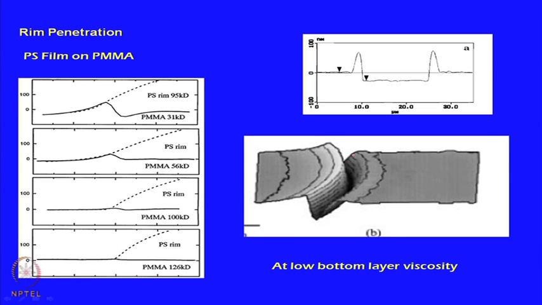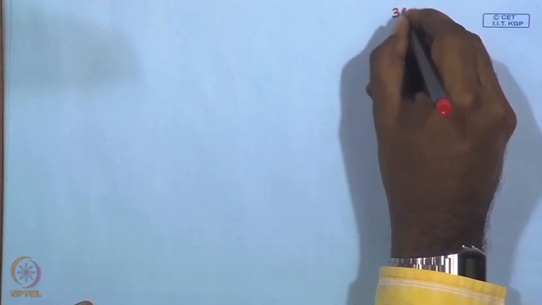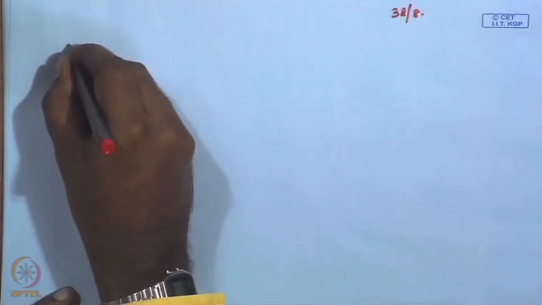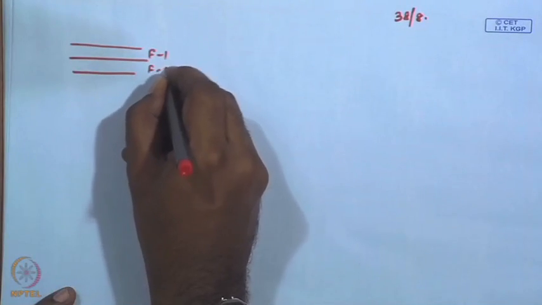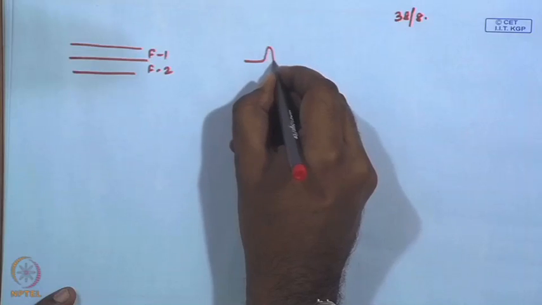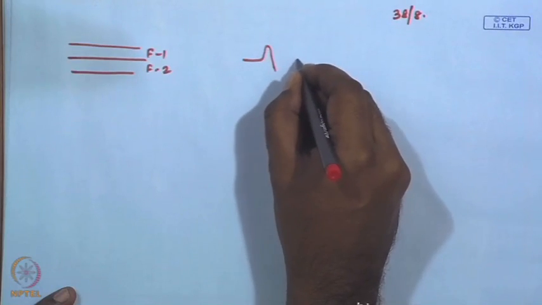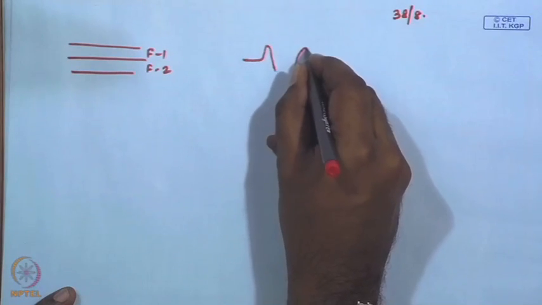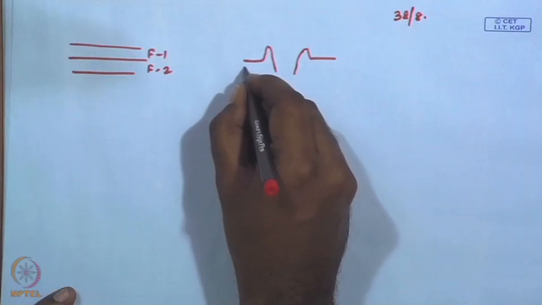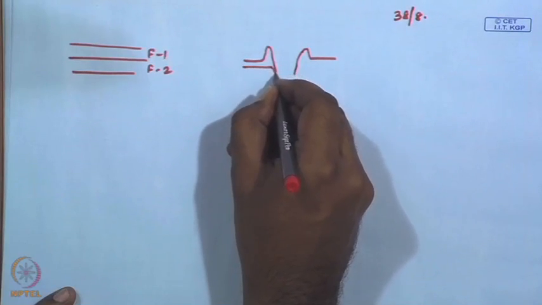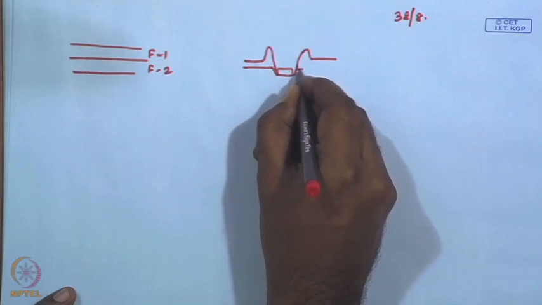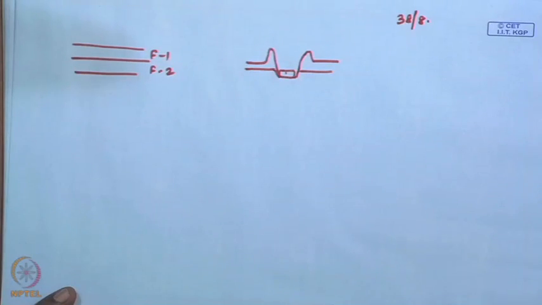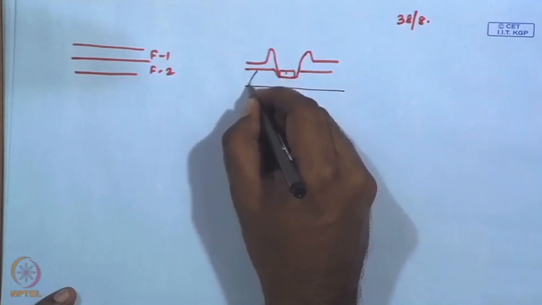The moment you have a bilayer dewetting, there are various morphological signatures, and I do not think it is important to go into all the details. So, you have liquid 1 and liquid 2. Suppose your top layer is dewetting; we know about the formation of these rims. One of the critical things that happens is that you are essentially dewetting on a liquid surface. So, this is the bottom layer.